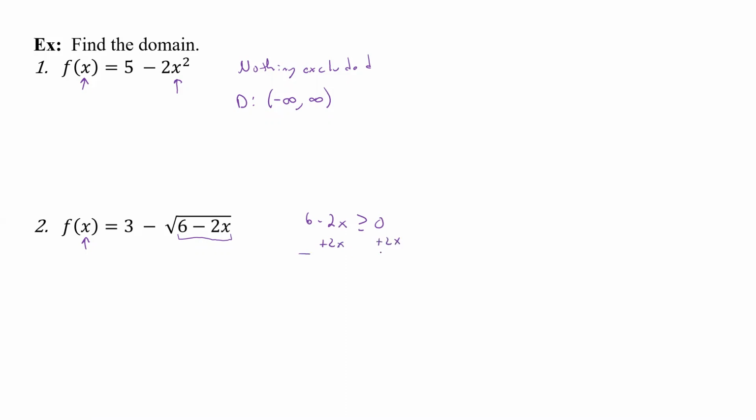That way I don't have to divide by a negative, because if you divide by a negative, you have to always remember to switch your inequality symbol, and sometimes people forget to do that. So if I take it over here and divide by a positive, we're fine. So 6 is greater than or equal to 2x. So if I divide by 2, then I have 3 is greater than or equal to x.